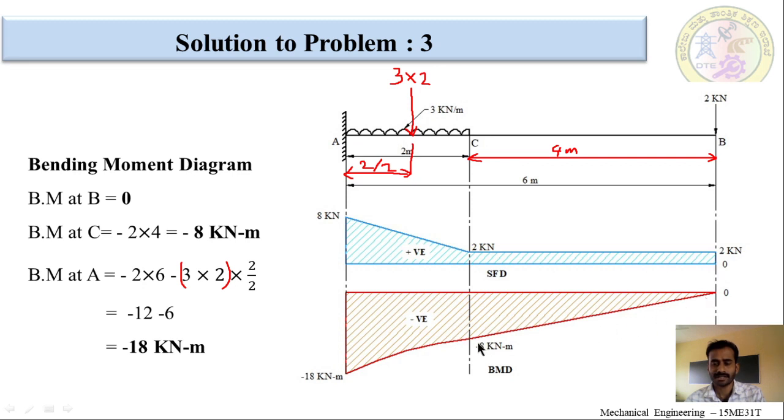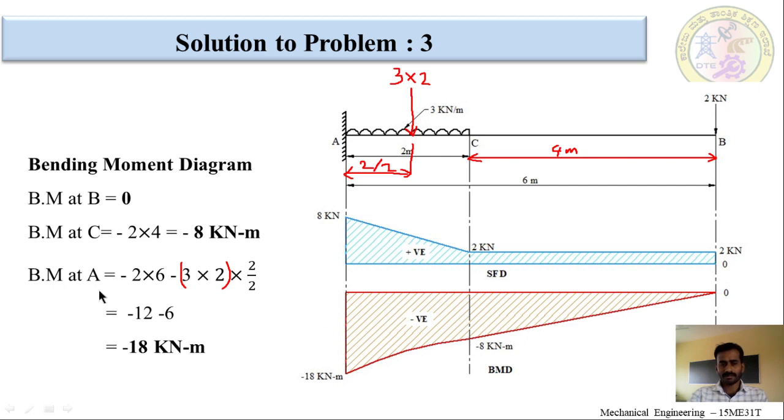As we have already discussed in the previous session, when there is no load between the points, then the bending moment varies according to an inclined straight line. Okay. Then from C to A, we have a uniformly distributed load. When there is a uniformly distributed load, the bending moment varies according to parabolic law.